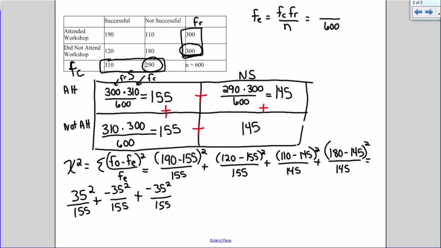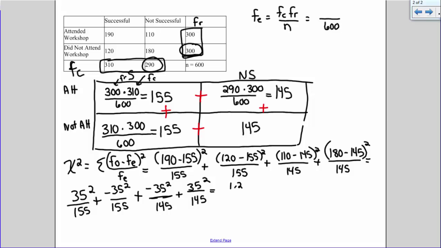Oh, denominator is 145, silly. So 180 minus 145 is 35. I'm going to square it, divide by 145. Well, 35 squared is equal to 1,225.